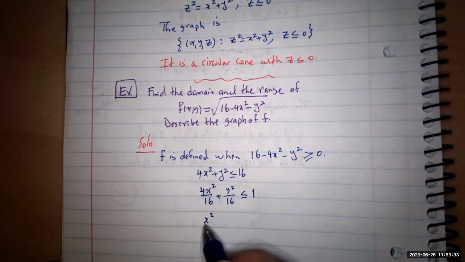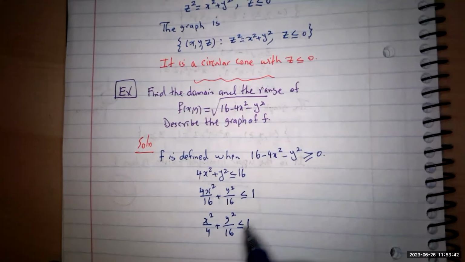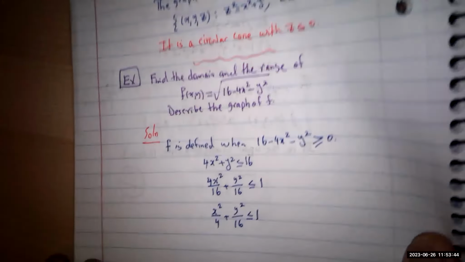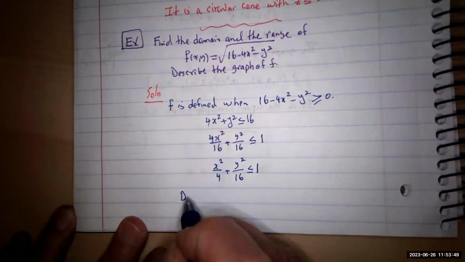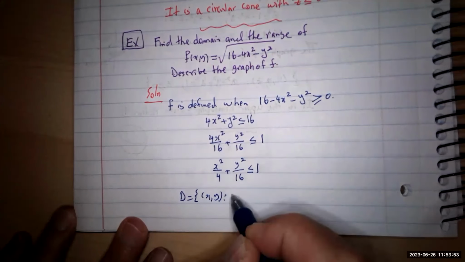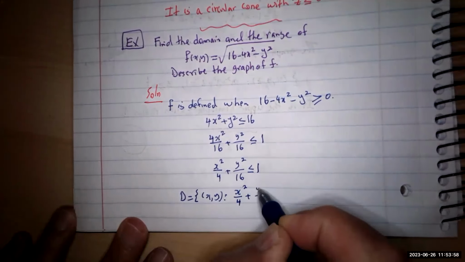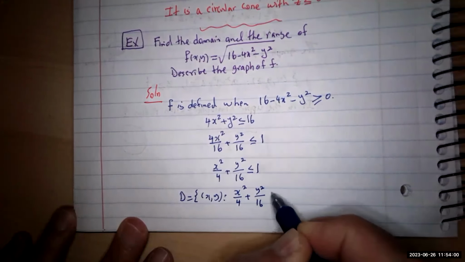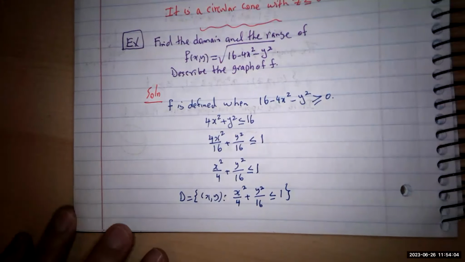That gives you x squared over 4 plus y squared over 16, which is going to be less than or equal to 1. Okay, so the description of your domain, the points in R2 that satisfy this condition, is going to be x, y that satisfy the condition that x squared over 4 plus y squared over 16 is less than or equal to 1. This is your domain, the best way to describe it.